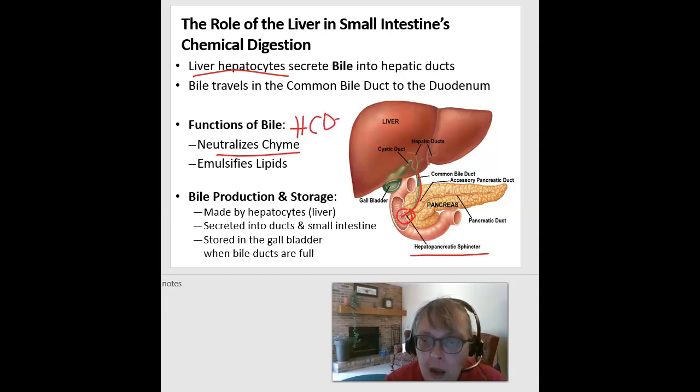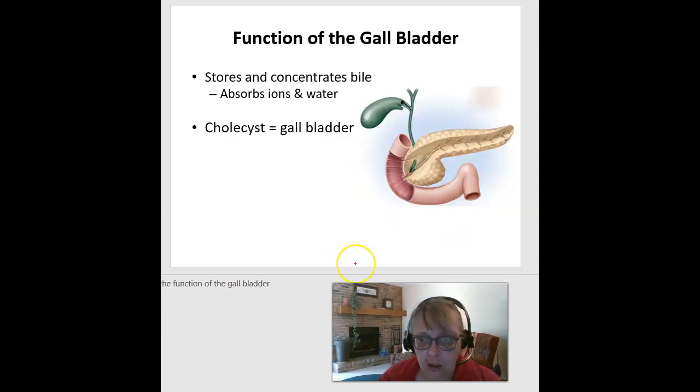One thing that's interesting about bile production and making it available to the small intestine is that the liver continually makes bile. So the liver's up here, and the bile goes directly down to this entry point where the common bile duct meets the small intestine.